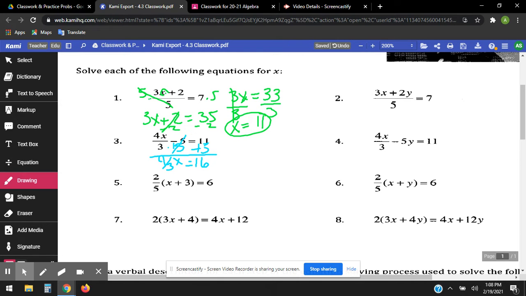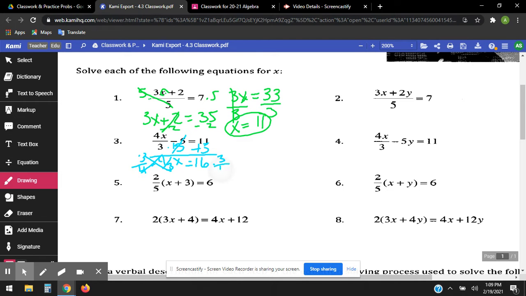I split up the 4/3 away from the x because when we have a fraction like this, 4/3 times x over 1 gets me 4x over 3. So I can actually split up the 4/3. To undo a times 4/3, I can multiply by the reciprocal, 3/4. Those cancel.